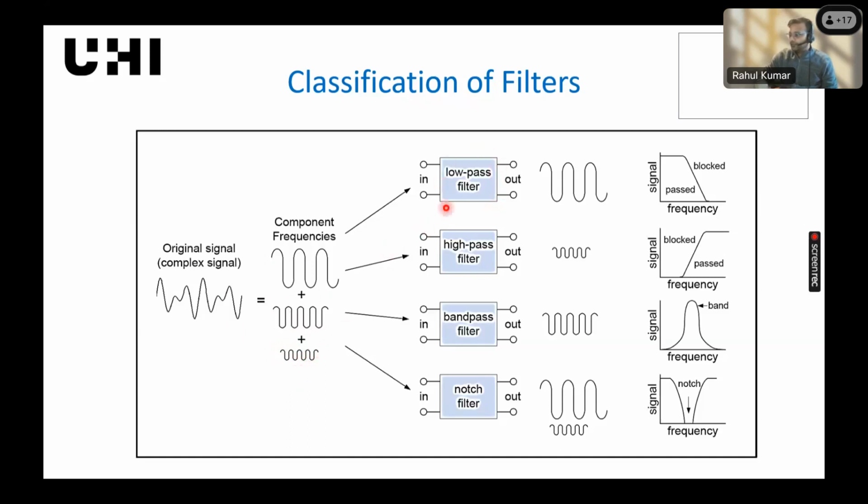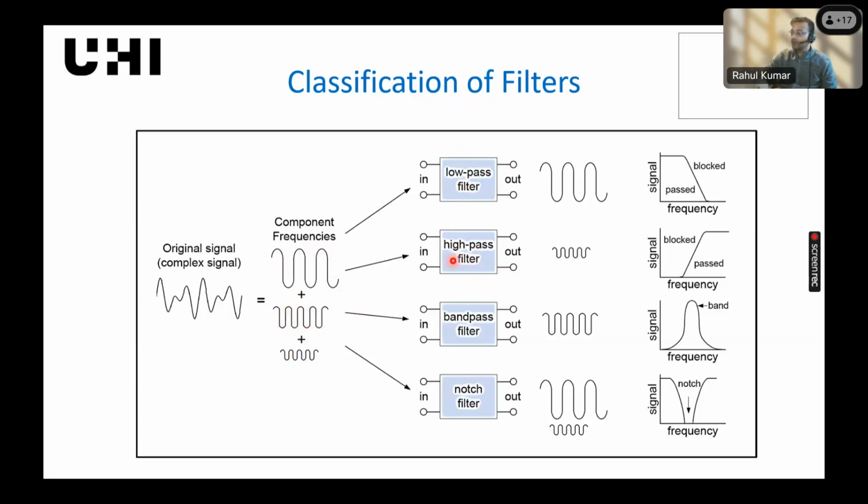Now, the low pass filter will only allow low frequencies to pass. The high pass filter will only allow the high frequency signals. The low pass filter will remove the middle and high frequencies, and the high pass filter will remove the low and middle frequencies.